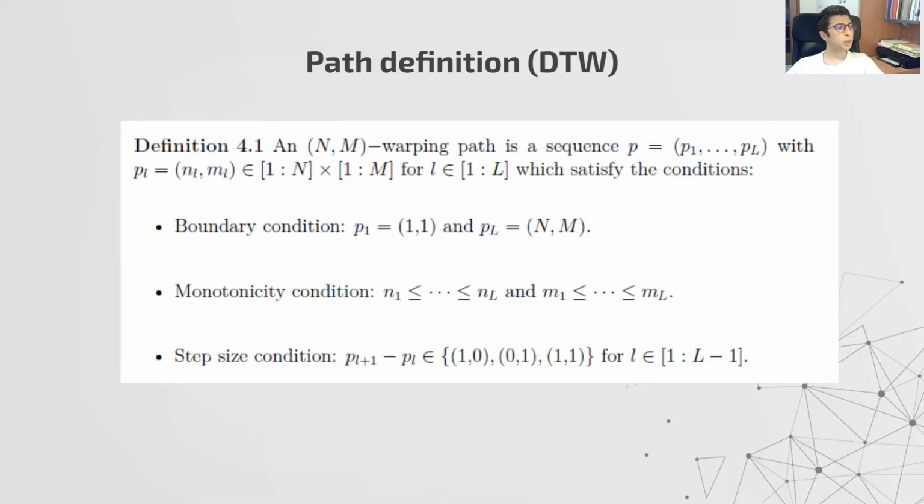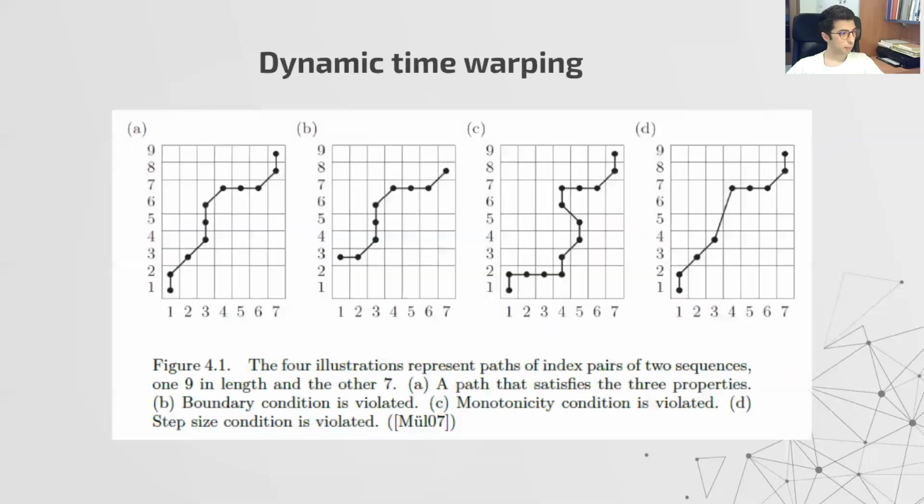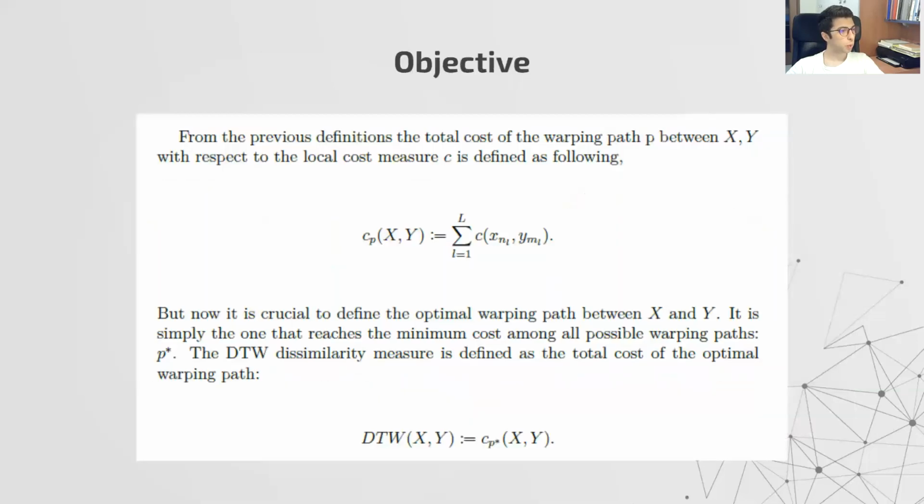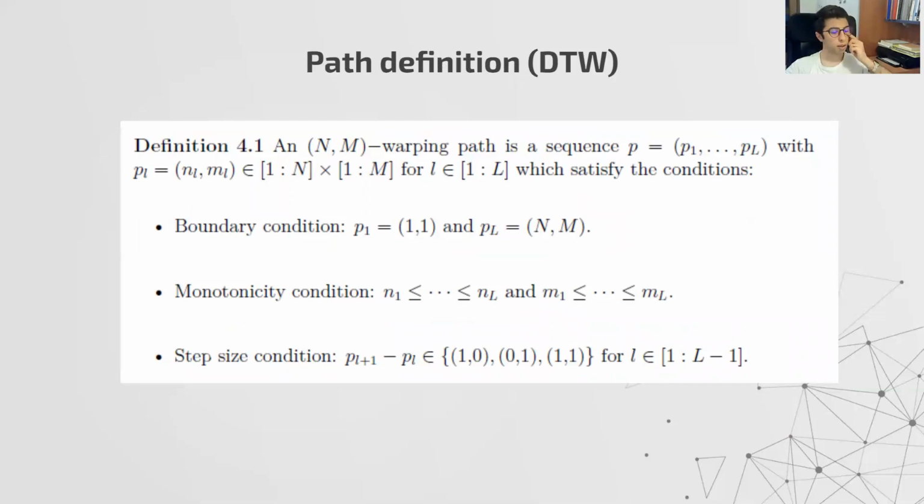Let's begin with the three conditions to evaluate the ideal path to go from point 1,1 until point n,m. These three conditions can also be summarized by this image, which can be a clarification of what I will say, but maybe we will start from the three conditions here.